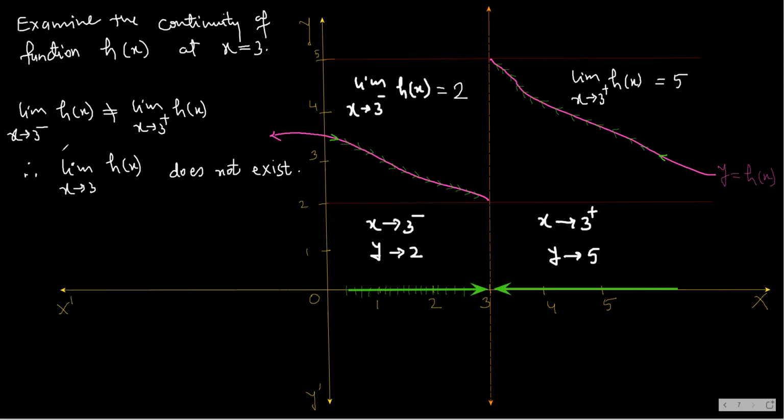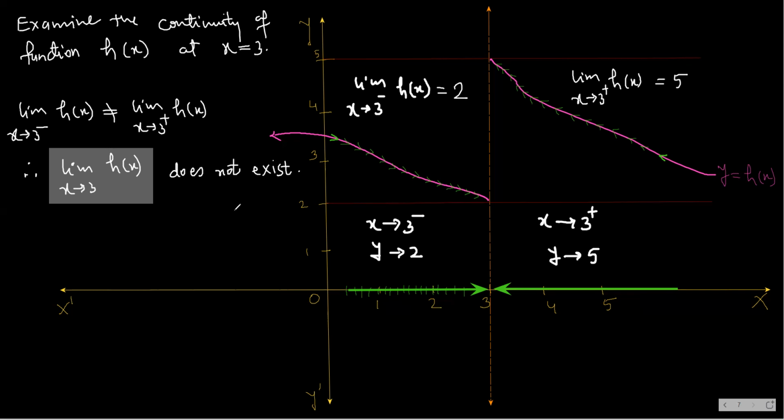But when it comes to the limit of h of x as x tends to 3, since the left hand limit at 3 and right hand limit at 3 are not equal, you would say that the limit of h of x when x tends to 3 does not exist. This is what you would say.